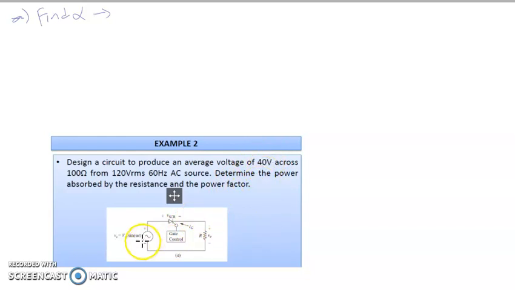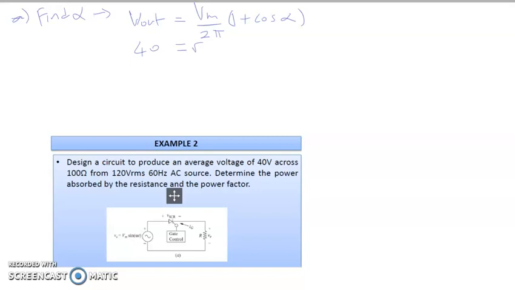We chop down 120 volt RMS down to 40 volt average at the output. So find alpha. So V out is equal to Vm divided by 2 pi times 1 plus cos alpha. This is the formula for half-wave rectifier using semi-control device.